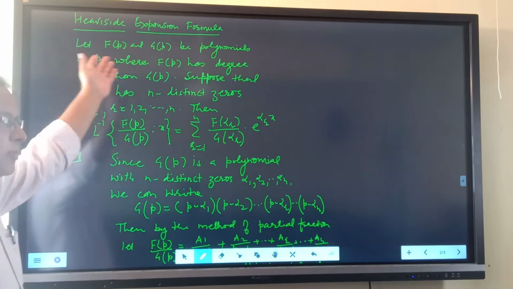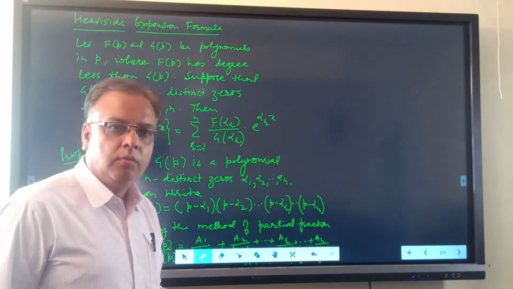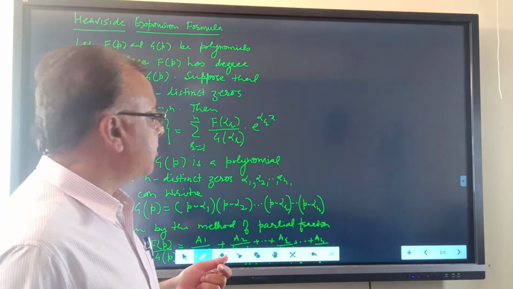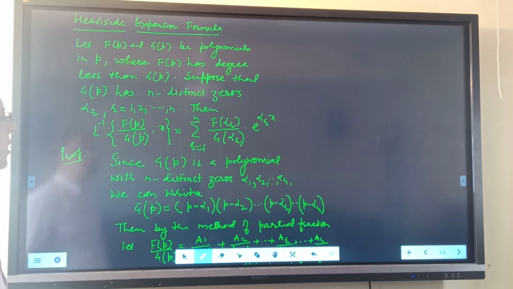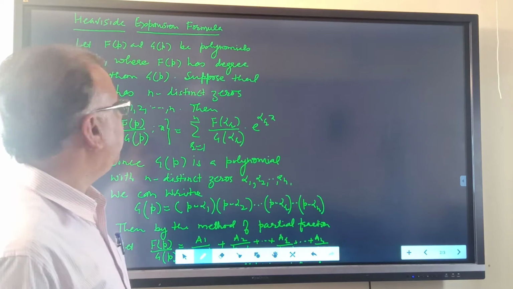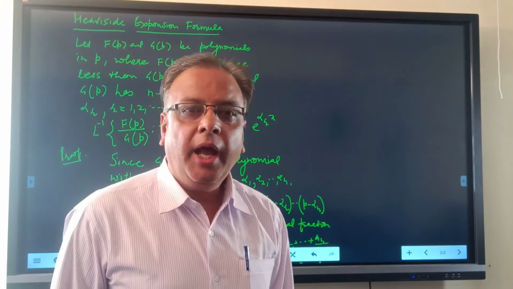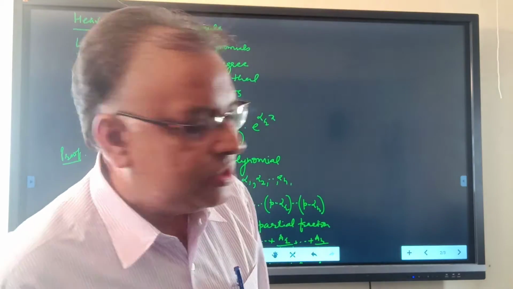The expansion formula to find the inverse Laplace transformation of such functions is as follows. F(p) and G(p) are polynomials in p, where F(p) has degree less than G(p).